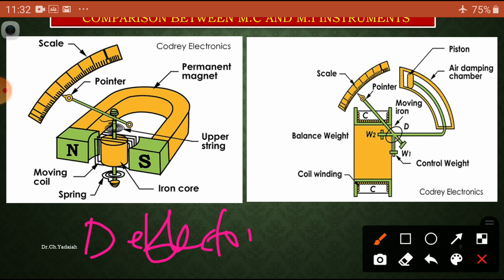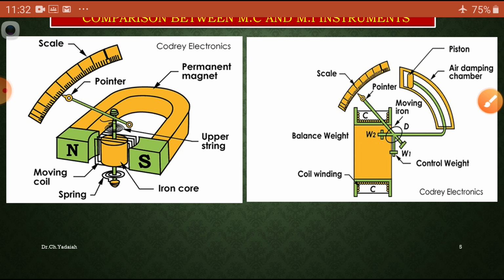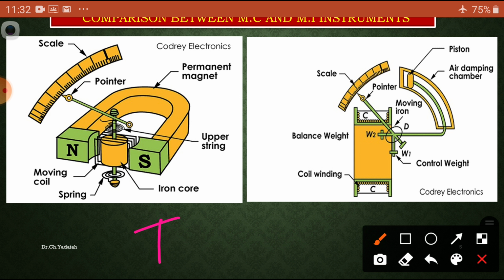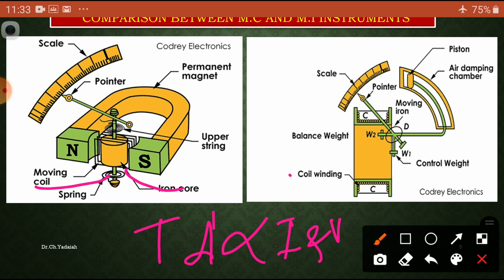We require the deflecting torque TD, and TD is directly proportional to the input value, whether it is current or voltage, in both cases. This deflecting torque is produced if input supply is given to this instrument.